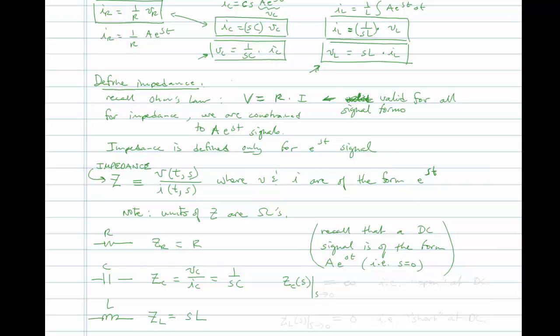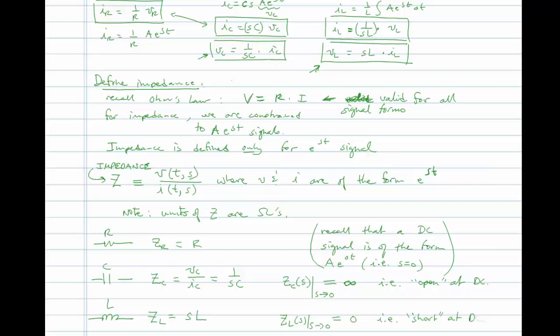For the case where the value of s goes to 0, will yield an impedance of infinity, i.e. it's open at DC. How about the inductor? It's the opposite. When s goes to 0, then sL goes to 0, i.e. it's a short, as we've already found out.